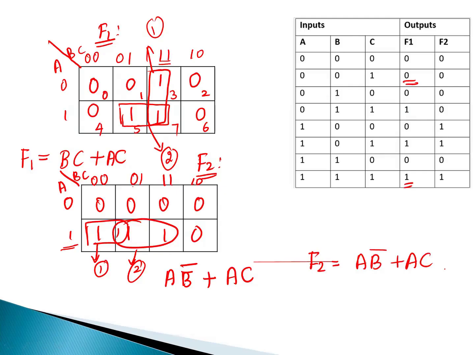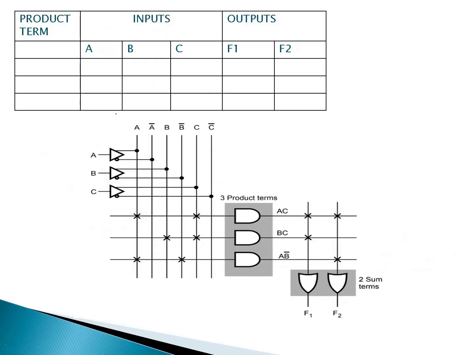Okay, so we have F1 and F2 here. The common product term in both F1 and F2 is AC, and here also AC, right? So apart from that, what are the other product terms we have? BC, A B bar. So we have to substitute here.